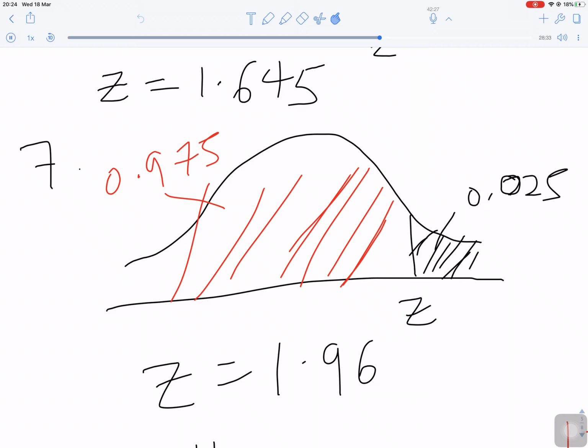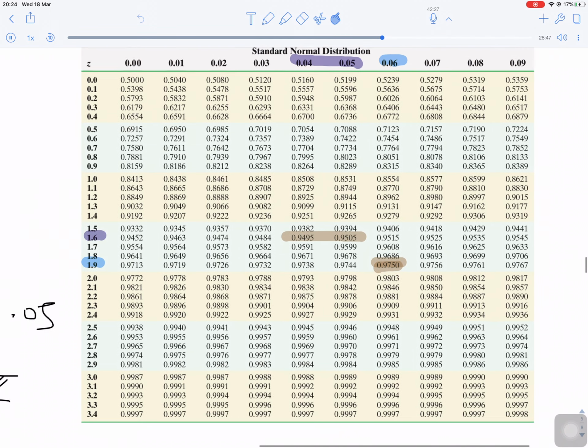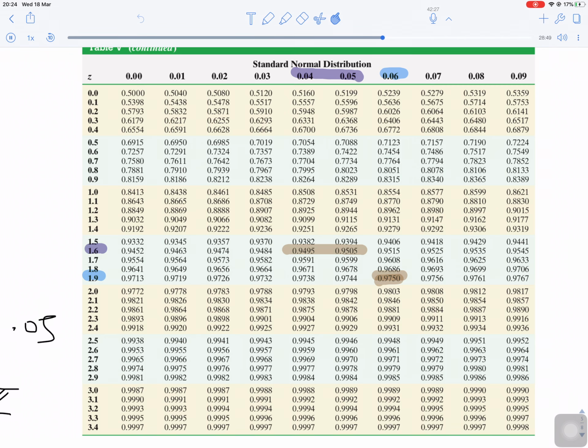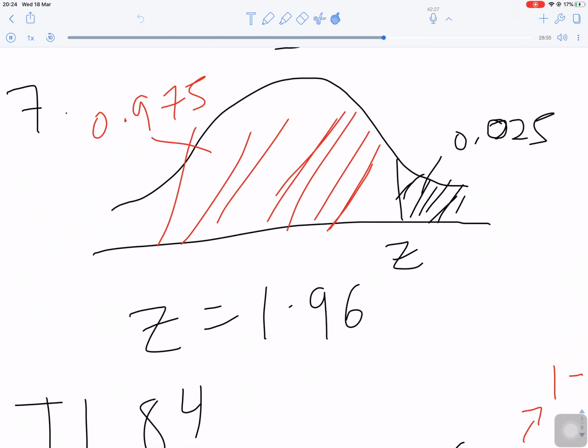And we look for that value 0.975 from the table. So with this area in the table, wow, this one is perfect. We see exactly 0.9750 in the table, and that corresponds to 1.96. So our z-score now is 1.96.